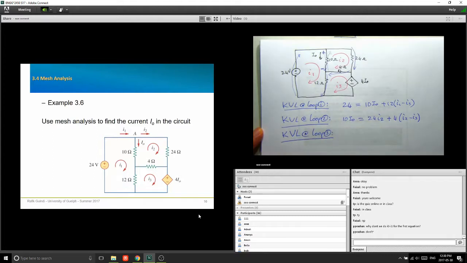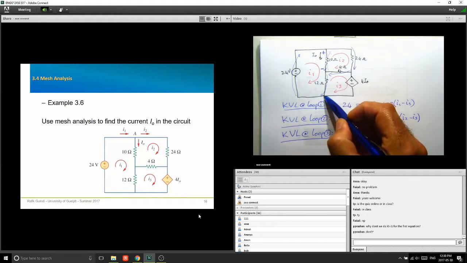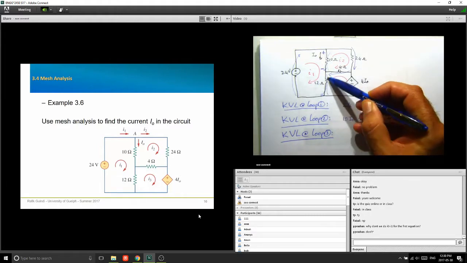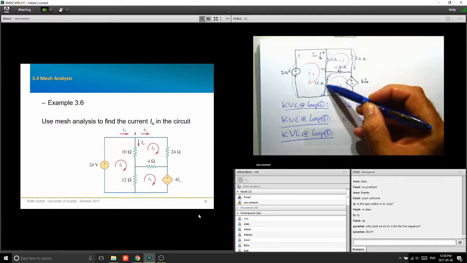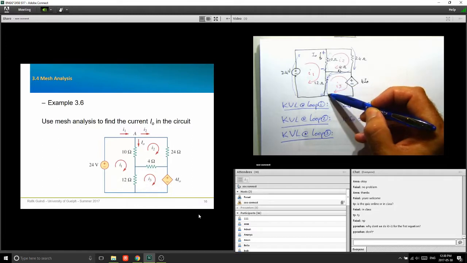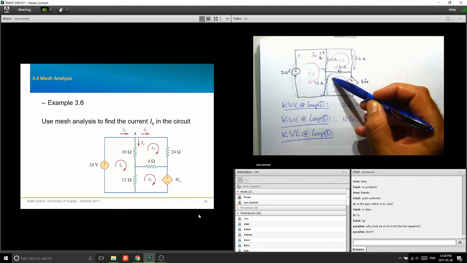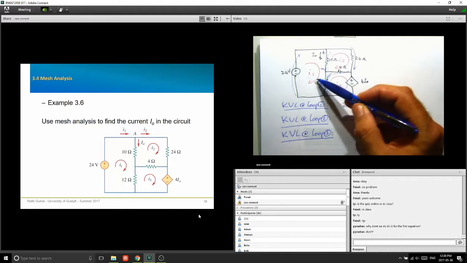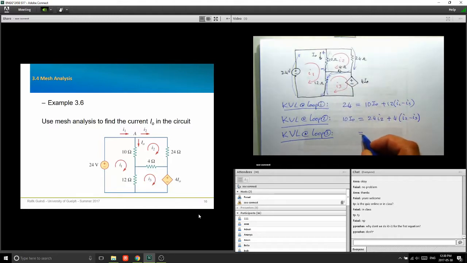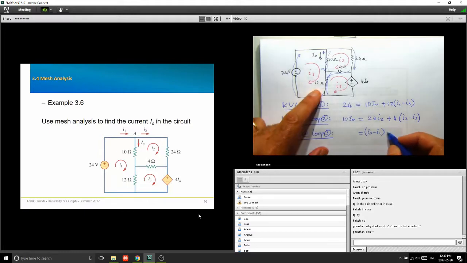KVL at loop 3. Again, I start in the bottom here. I'm going to go like that. If I want this to be a drop, then I'm assuming that I'm having a current that is in the same direction as I3 and opposite to I1. So it's I3 minus I1. That's a drop, right? (I3 minus I1) times 12.